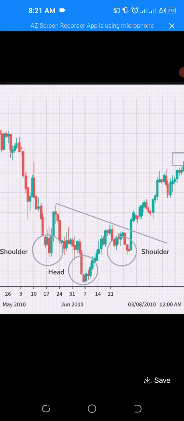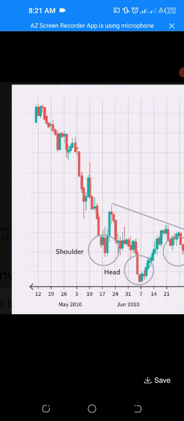So that is exactly the representation that is here. So you have head and shoulder, then you have an inverted head and shoulder. This one that is here is the inverted head and shoulder. And wherever the head and shoulder forms, it is giving the message that the trend, that is the direction of the market, is reversing or has reversed.